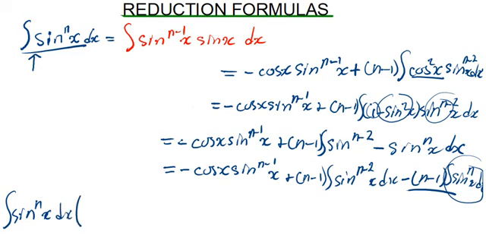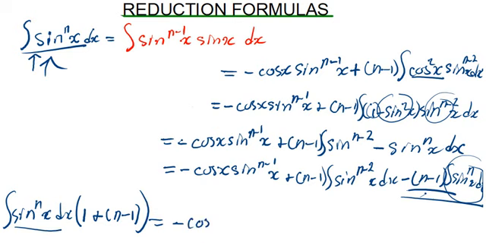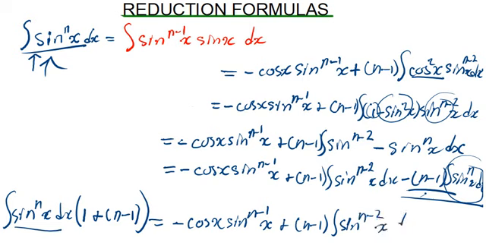Remember that when you bring this to the other side it becomes positive, so you have a 1 here, plus n minus 1, and we close the bracket. When you multiply this out with what we have inside, you're going to have that part there. So this will be equal to minus cos x sine n minus 1 x plus n minus 1, then you have your sine n minus 2 x dx there.